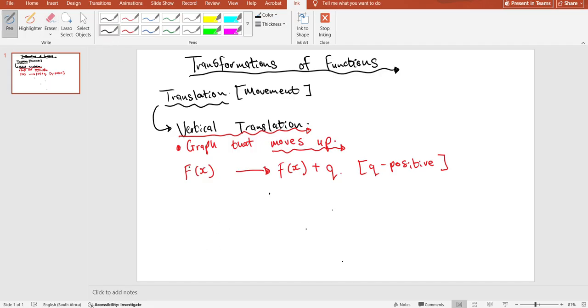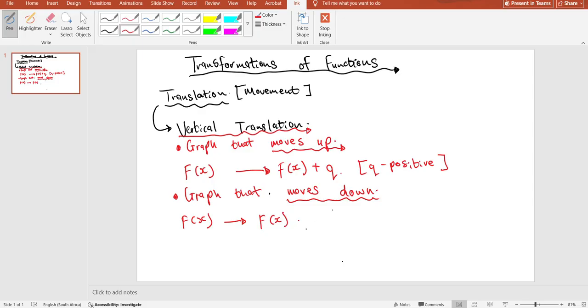All right, so now let's take a graph that moves down. Since this one is moving down, f of x will turn into f of x minus q.